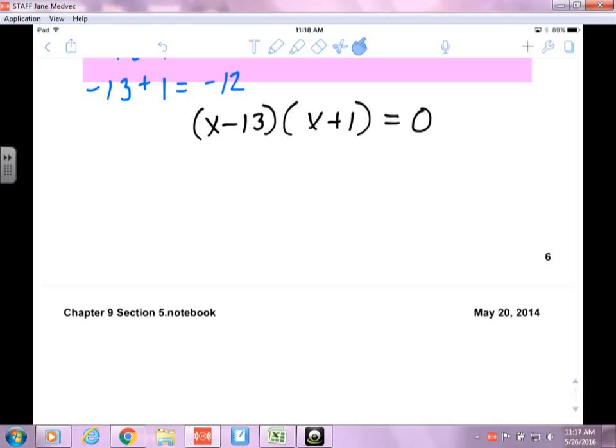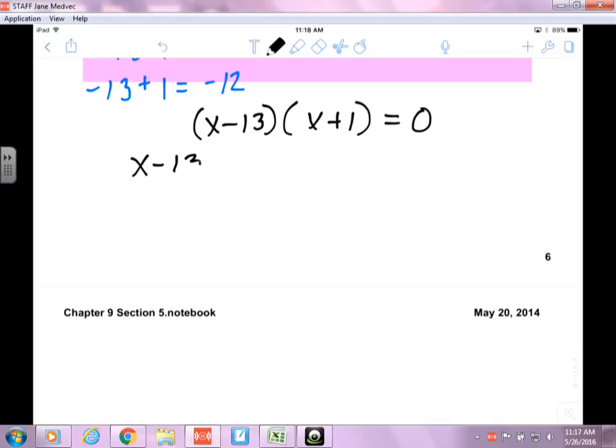Can I add? Well, I got multiplication between them, so I can't add them. But fine. Try them. Huh? Divide them by what? Divide them by 12. Good guesses.